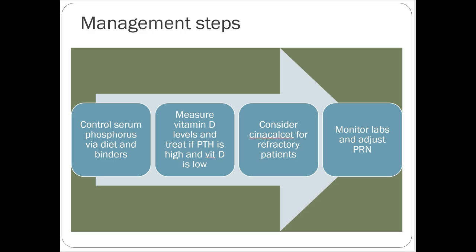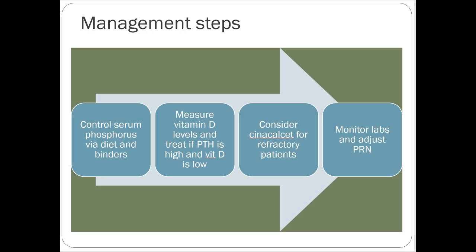And that's the last slide for this particular lecture. We'll come back to this concept when we talk about osteoporosis and review it a little bit more. But from a renal perspective, I really want you to focus on this stepwise process. So again, just to review, you're going to control that serum phosphorus first using calcium acetate and then maybe a non-calcium binder too if you need something extra.